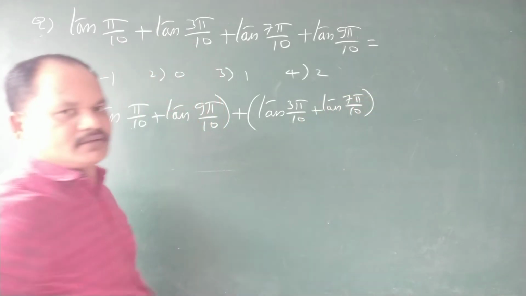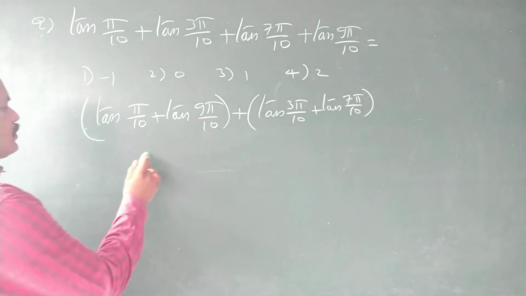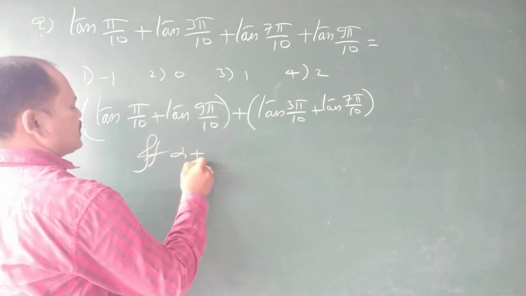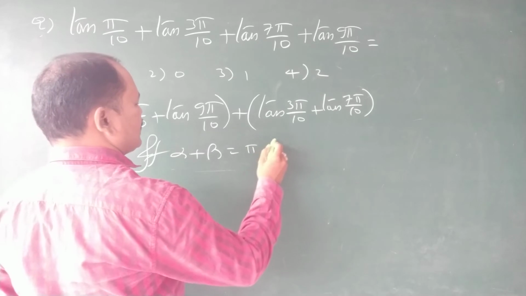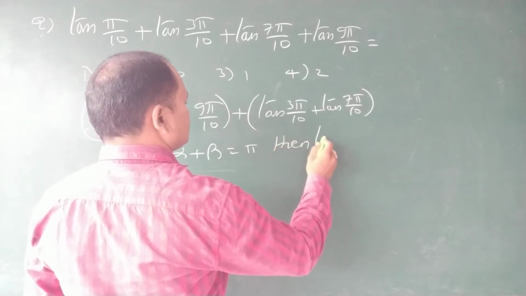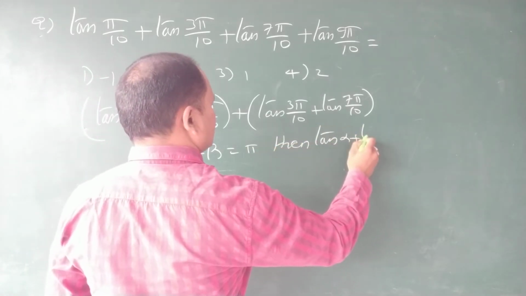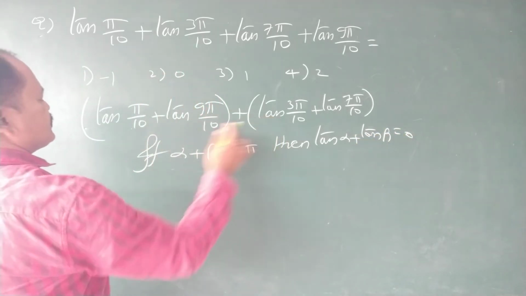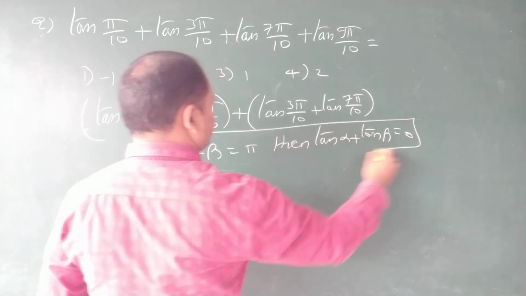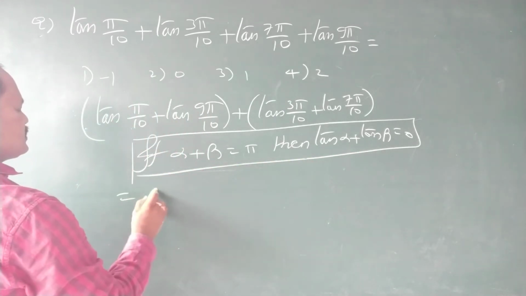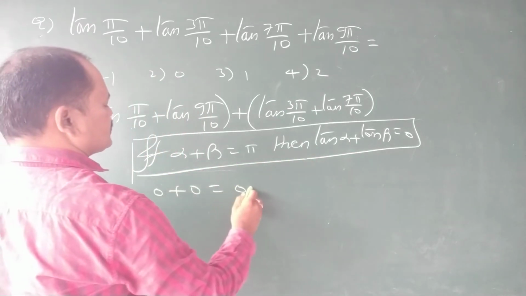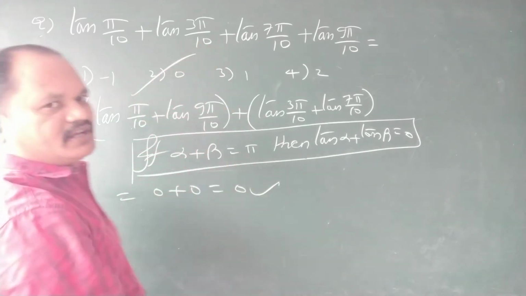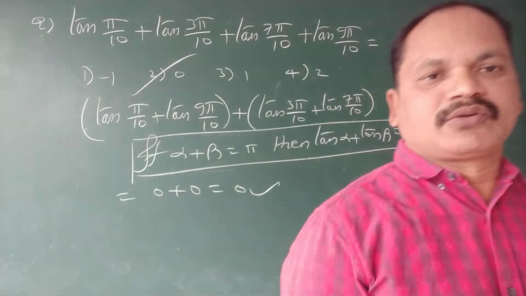We know the concept: if alpha plus beta is equal to pi, then tan alpha plus tan beta is 0. So this is 0, this is 0, and we get 0 plus 0. So the answer is 0, which is the second option. That's all.